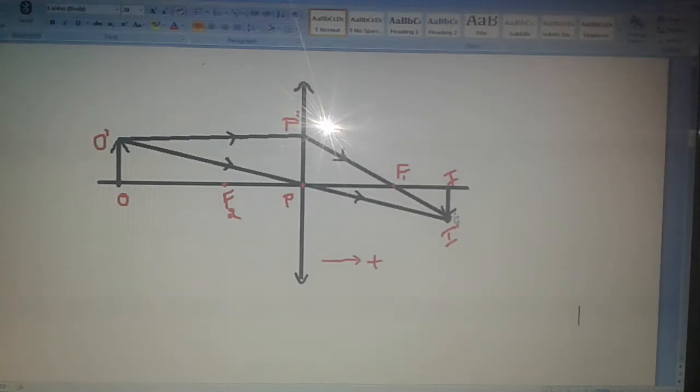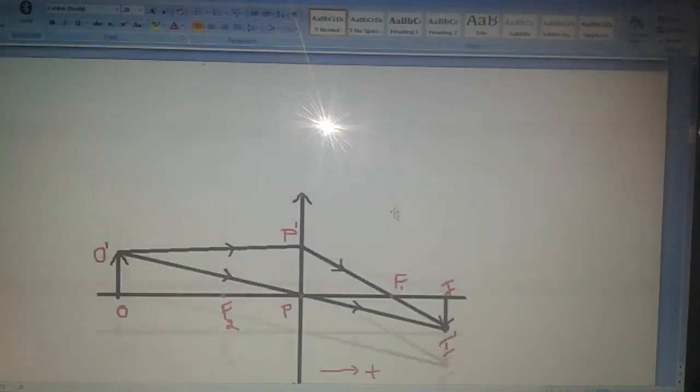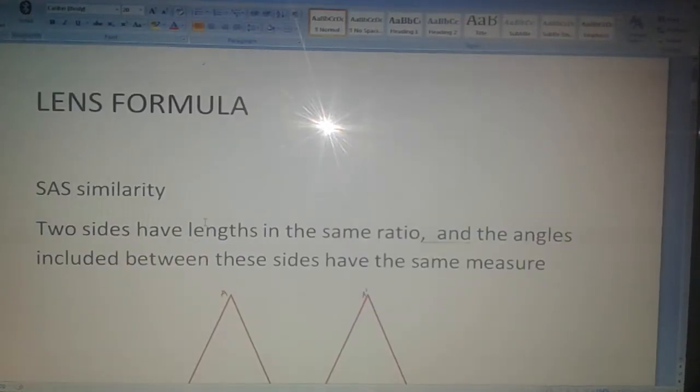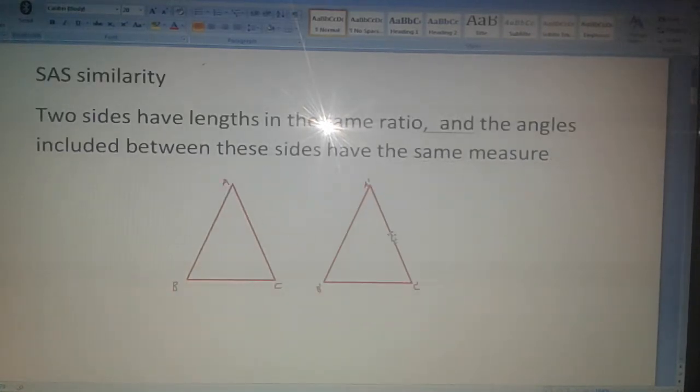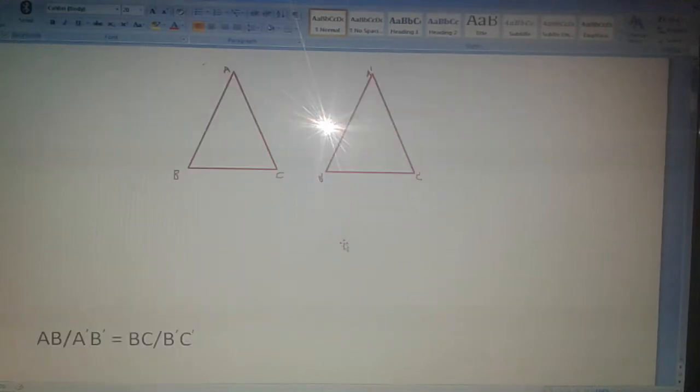F1 I prime. According to the SAS similarity, two sides have lengths in the same ratio and the angles included between these sides have the same measure. So from the two triangles, we can write AB by A prime B prime is equal to BC by B prime C prime.